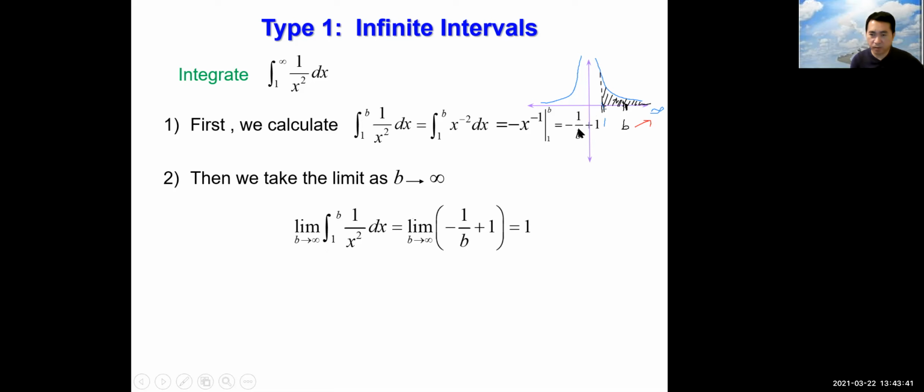This is our answer over here. If you take the limit as b approaches infinity, that goes to 0, so it is equal to 1. Therefore, we say this integral converges to 1. What we mean is this improper integral turns out to have a finite value. It's precisely 1.